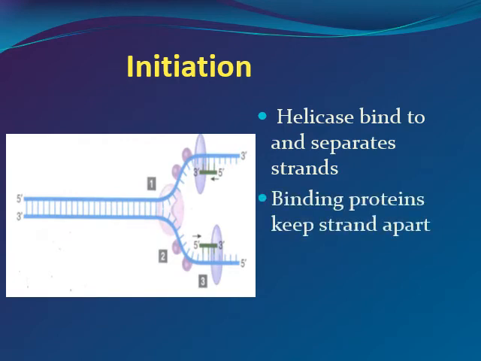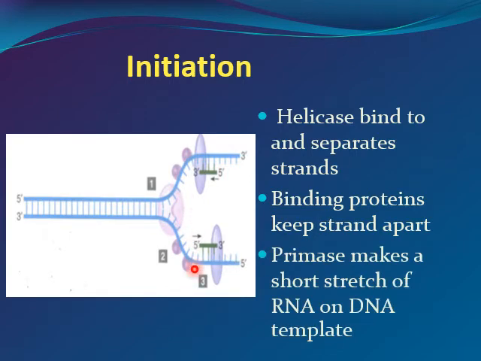The binding proteins hold the two strands apart, and another enzyme called primase makes a short stretch of RNA on the DNA template, called the RNA primer. The RNA primer is required because the major replication enzyme, DNA polymerase, can only add bases to the RNA primer at this end.